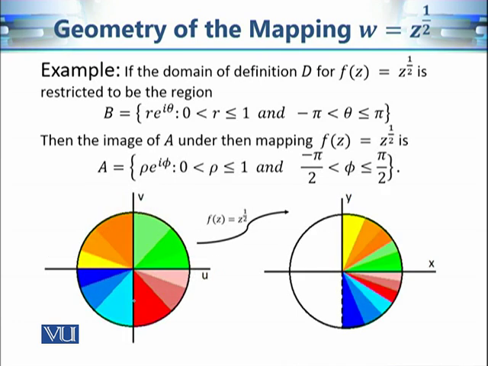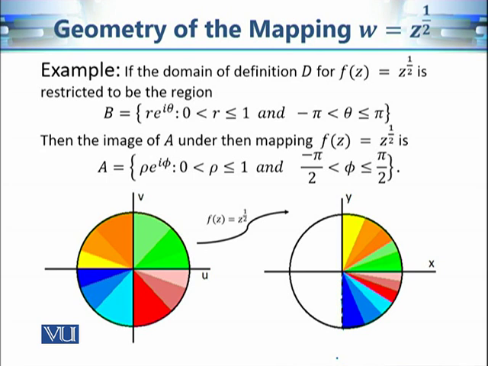Now we can calculate the image. In this case, r lies between 0 and 1, so when we take the square root, rho lies between 0 and 1. And when we apply this principal root function, theta will be halved, so phi lies between minus pi by 2 and pi by 2. Once again, this minus pi by 2 will not be included, so this is a dashed line.